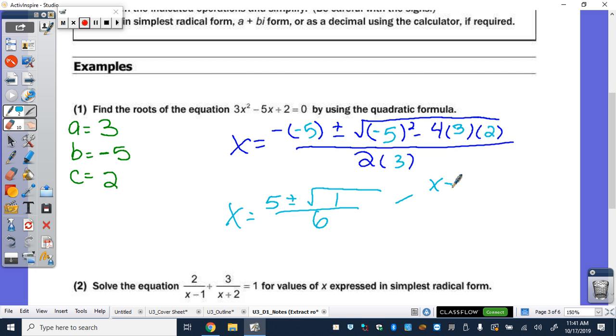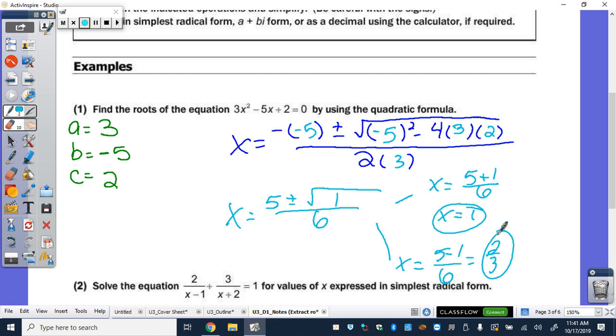So we get 2 answers. We've got to do 5 plus 1 all over 6, which gives us 1. And then we also have to do 5 minus 1 all over 6, 2/3. So we get 1 and 2/3 is our answer there.